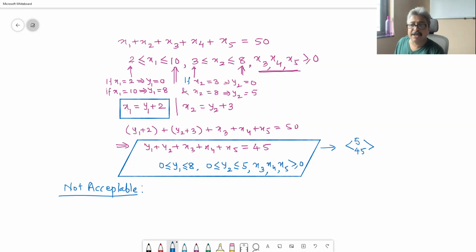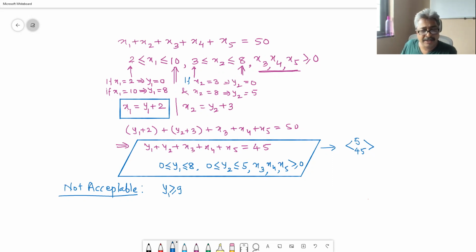Not acceptable cases. Now every time you need not write it like this, but it has to be there in your mind. So the not acceptable cases are y1 equal to 9, 10, y1 strictly greater than or equal to 9.